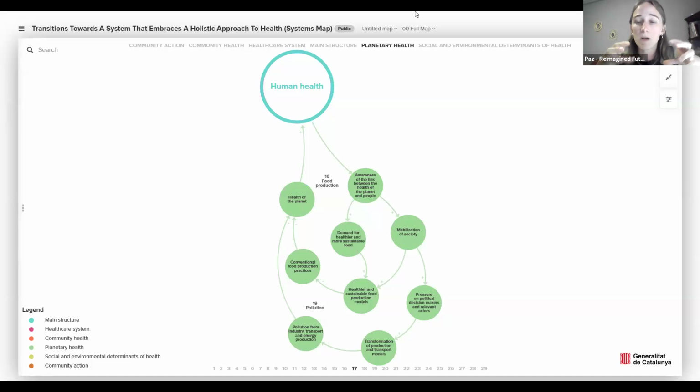They use the systems map in different workshops, bring stakeholders together and discuss the different dynamics and how they can work to create systems change. We are not part of that part of the process with GenCat.